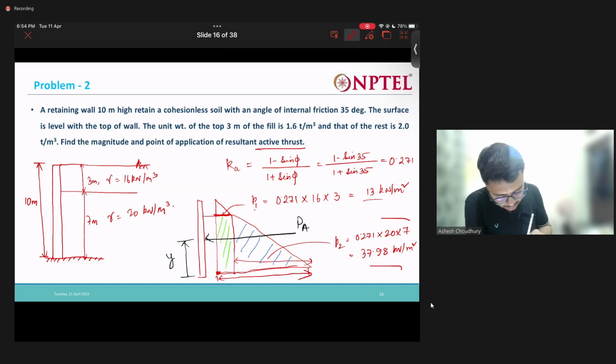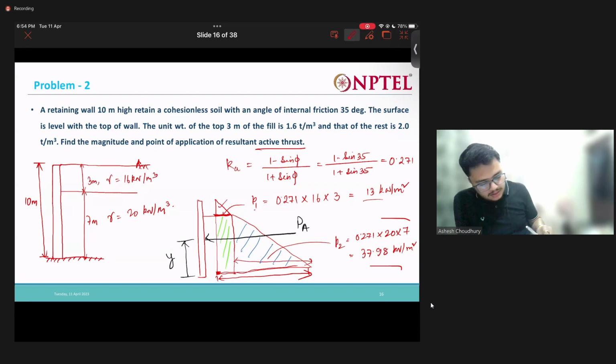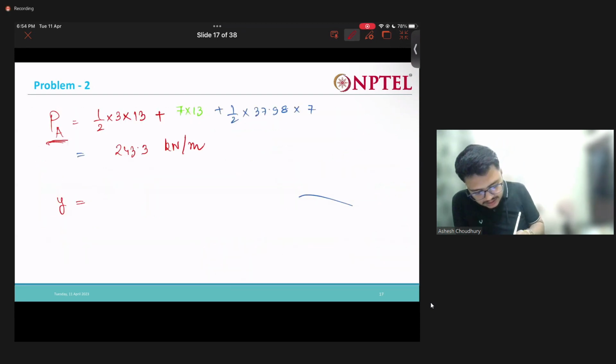So y will be nothing but P1. What is the area of this triangle? This one first, half into 3 into 13, which is 19.5.